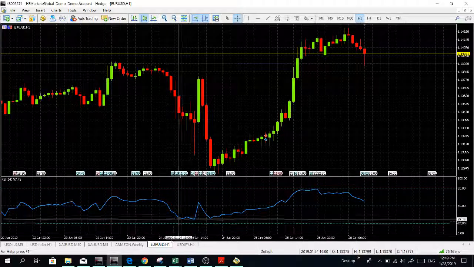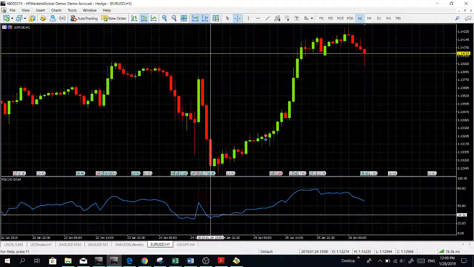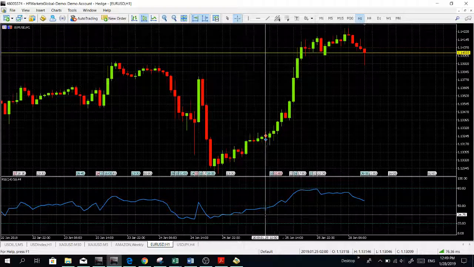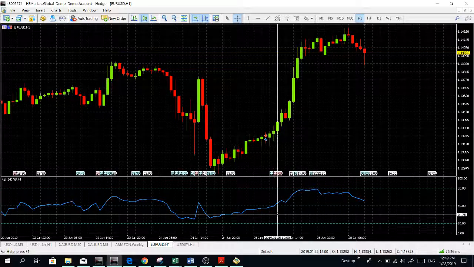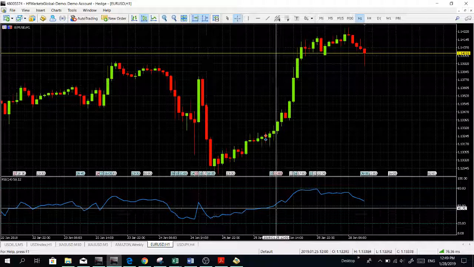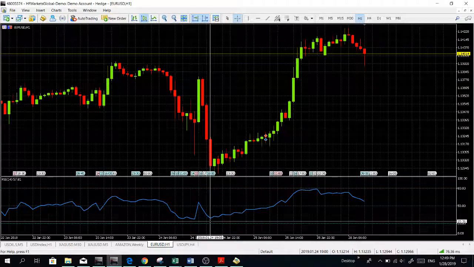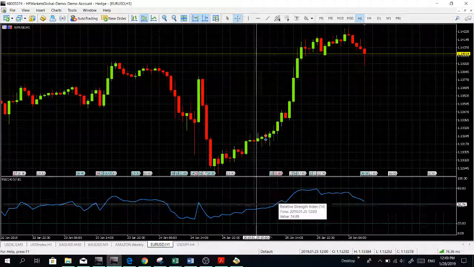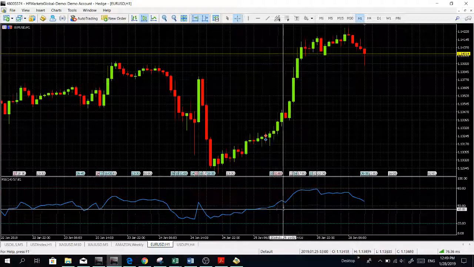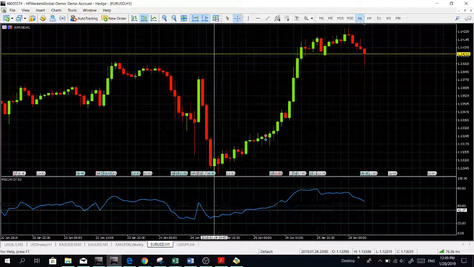And here again, from the 24th till 25th, one trading day, the market was trading under 50, then moving upside, which confirmed that we're going to have the uptrend.